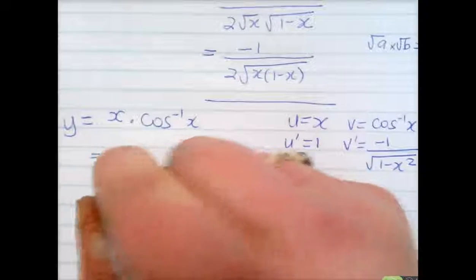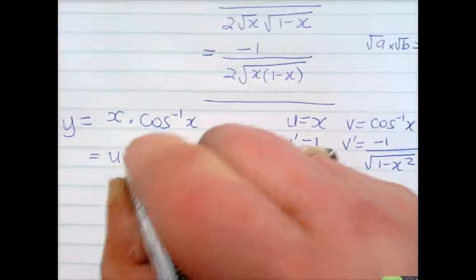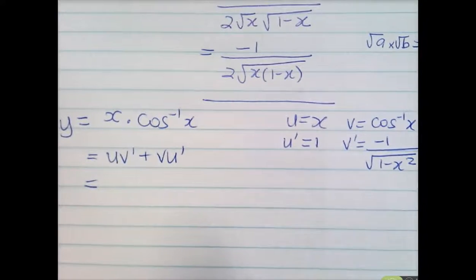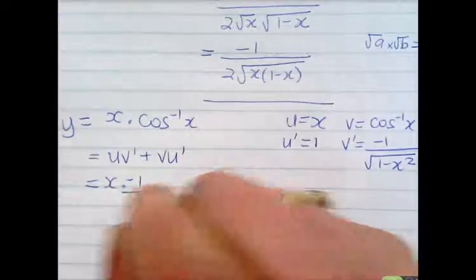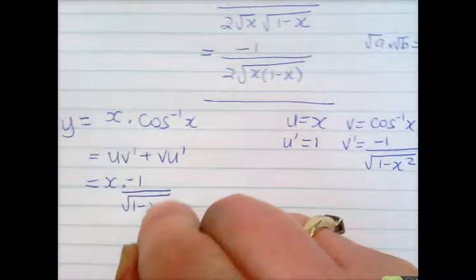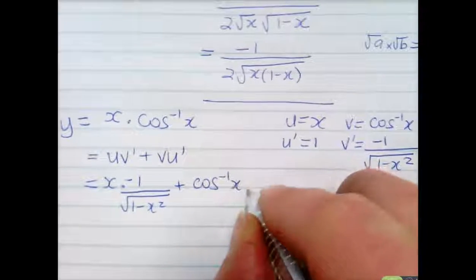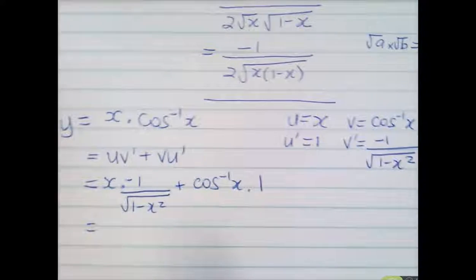Let's go: u times v dash plus v times u dash, which is what?